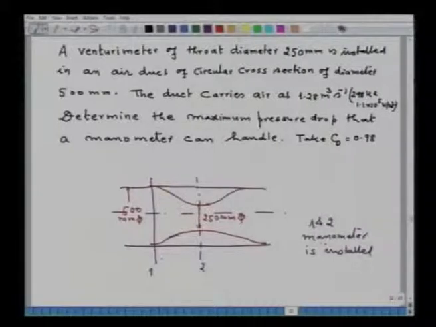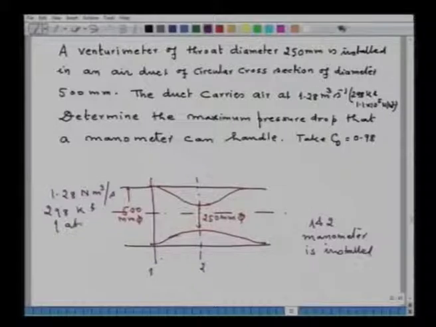So, for this condition, when air is flowing at 1.28 normal meter cube per second, at 298 Kelvin and 1 atmosphere, that is given to us, we have to calculate the so called maximum pressure drop. So, now let us proceed.